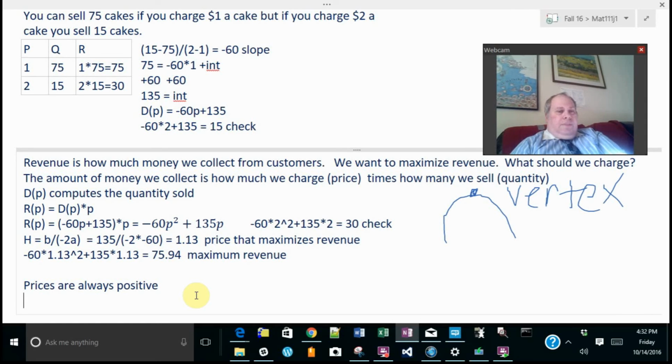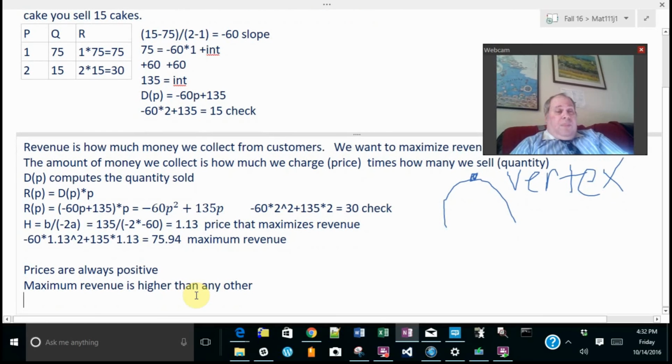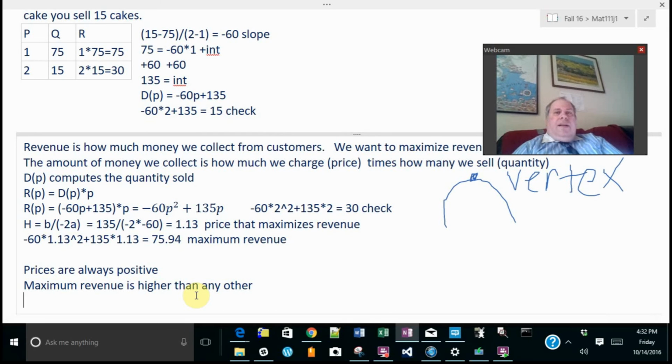It's an easy check. And the maximum revenue is higher than any other. That's why it's maximum. All right. So that is a revenue problem.